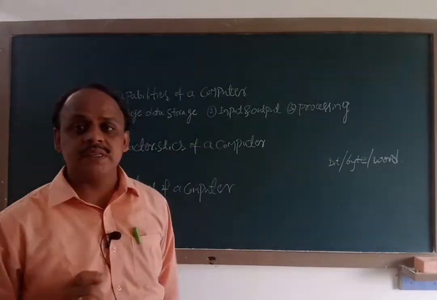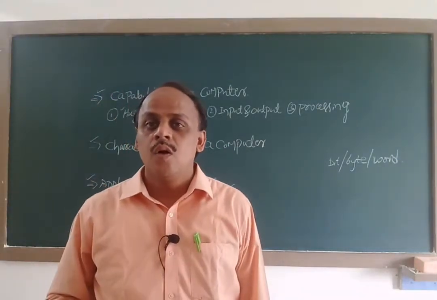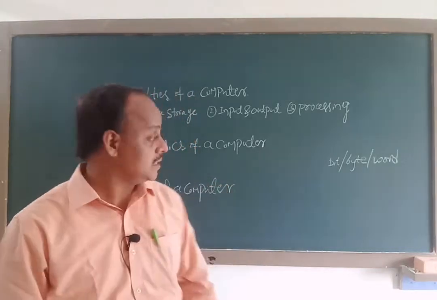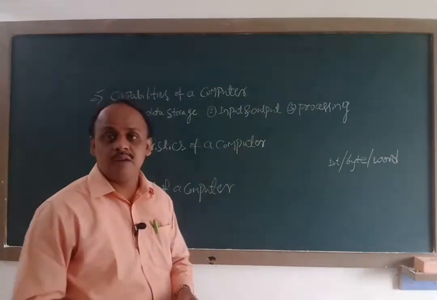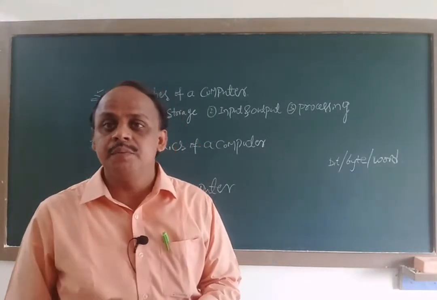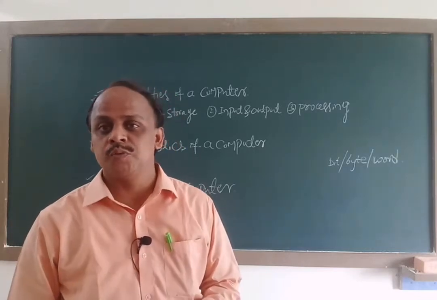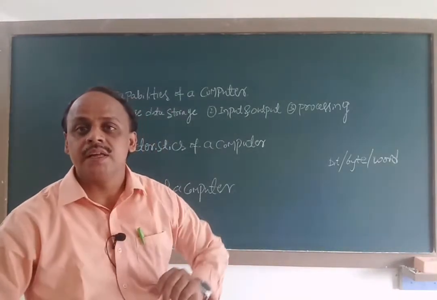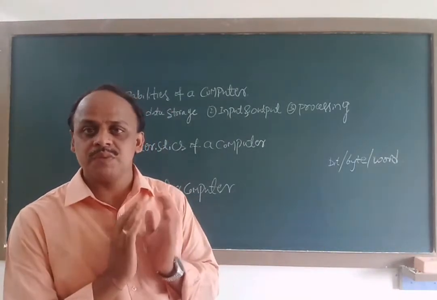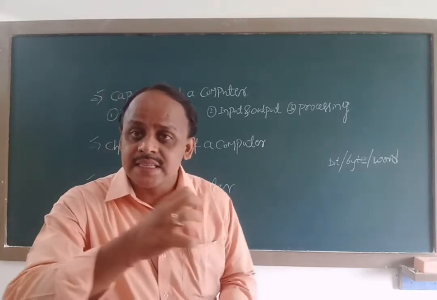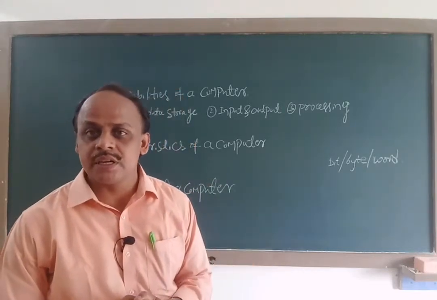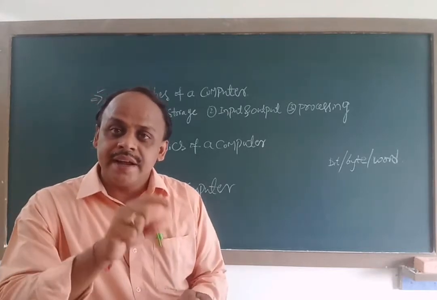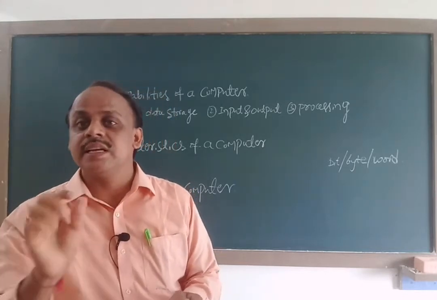And output means after processing what result we get, that is called output. So computer is capable of accepting input as well as displaying the output. So that's why input and output is one of the capacities of a computer. If a computer system is there, it is able to accept the user entered information which then goes for processing.